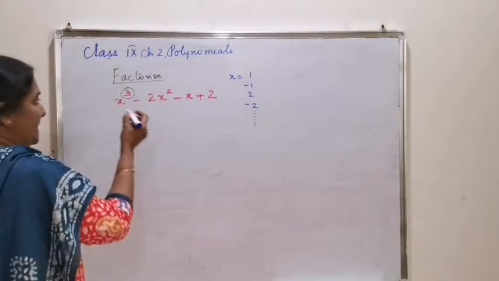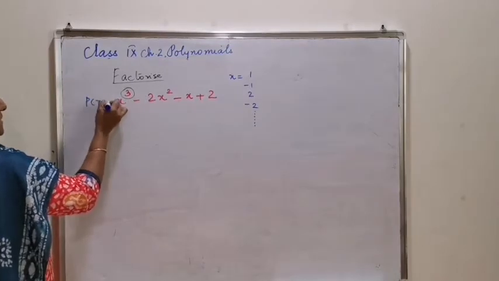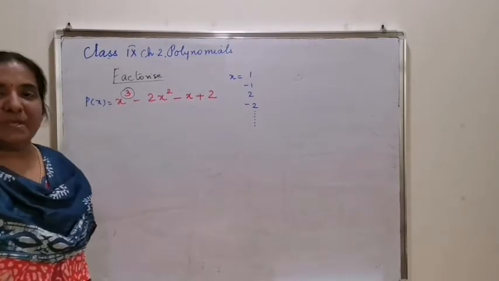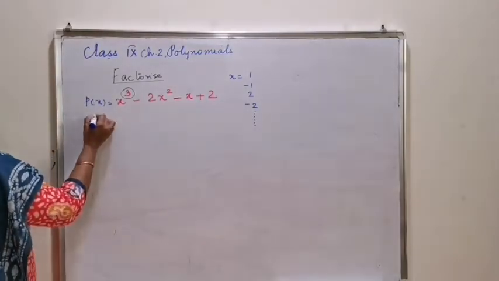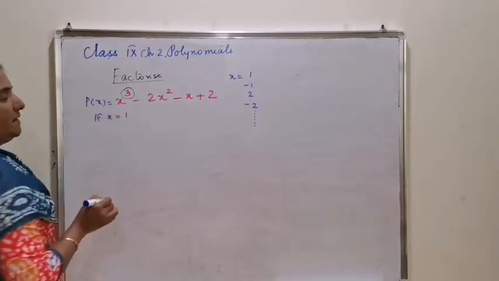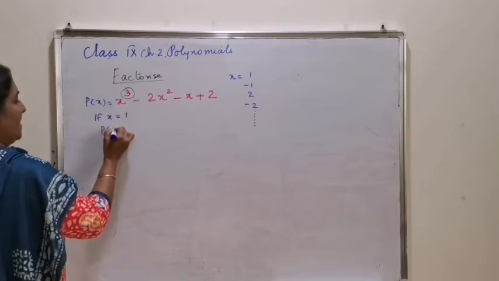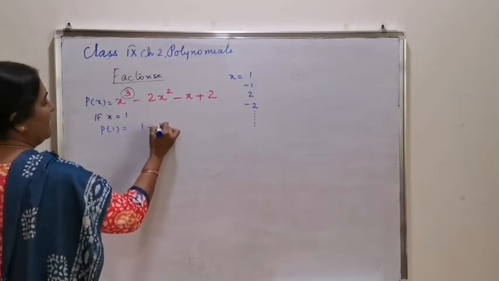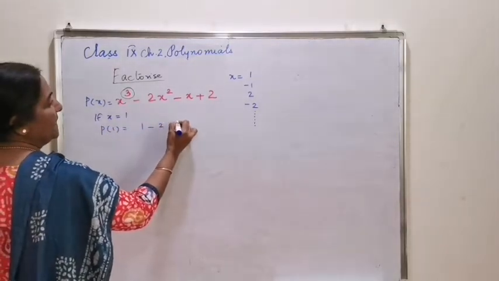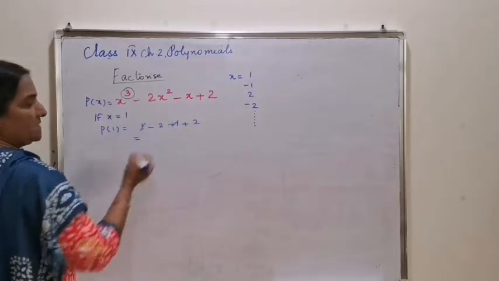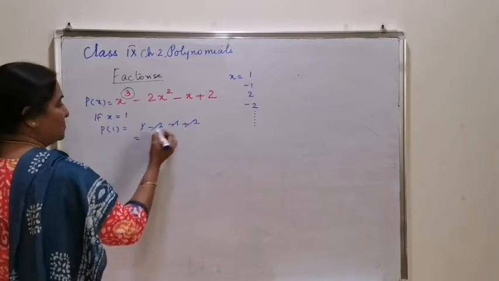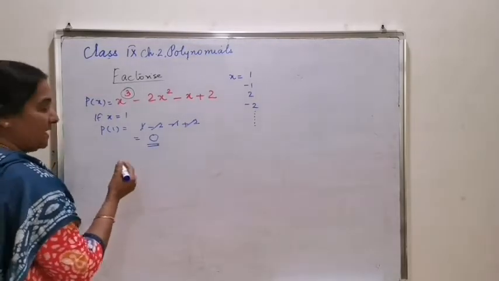That is, p of x is equal to x cube minus 2x square minus x plus 2. If x equals 1, p of 1 is equal to 1 minus 2 minus 1 plus 2. 1 minus 1 is 0, minus 2 plus 2 is also 0.